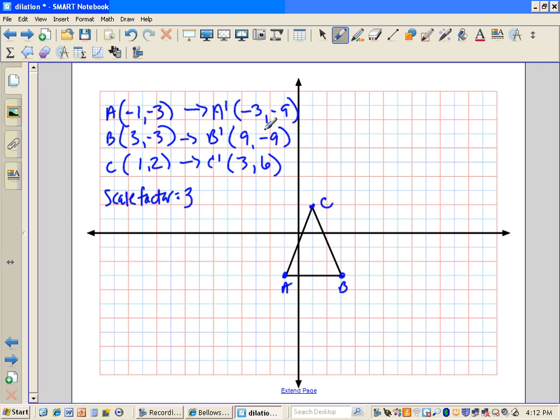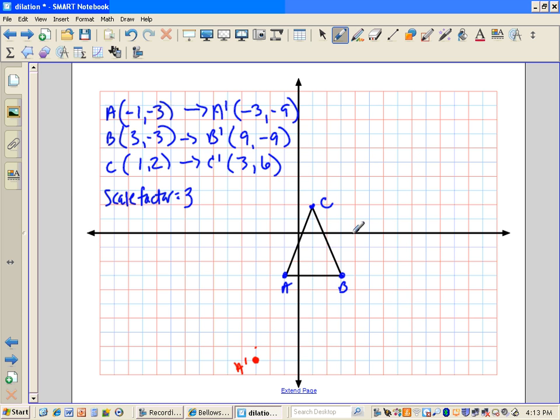So let's just see if I can get a different color so we can really emphasize this. So my new point is -3, and down -9. This is my A prime.